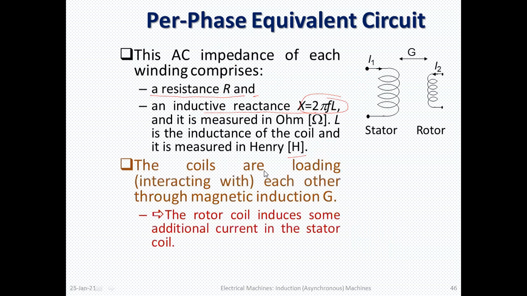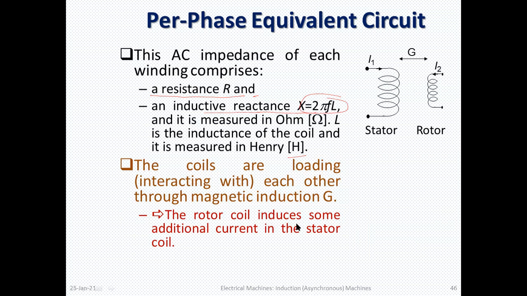The coils are interacting with each other through magnetic induction. This is the magnetic induction. Through this induction, the stator current and rotor current is produced through the induction of the stator magnetic field.